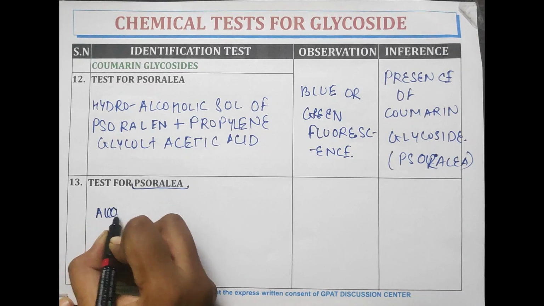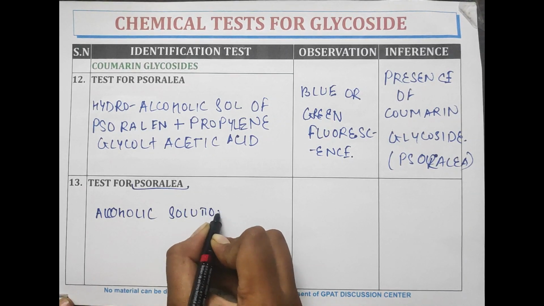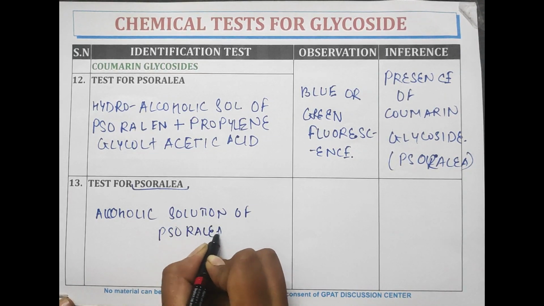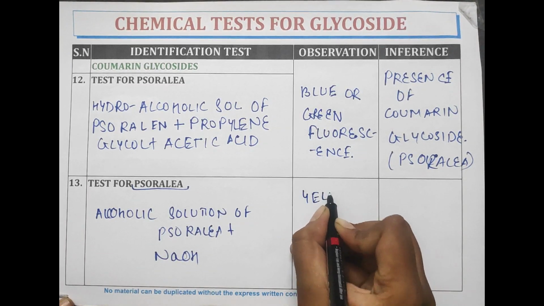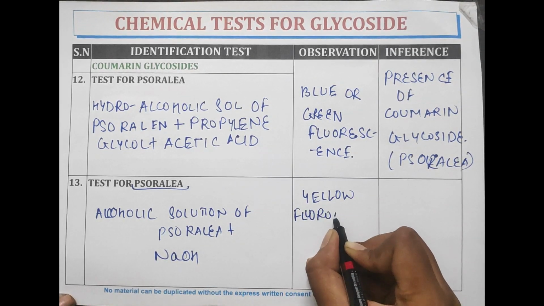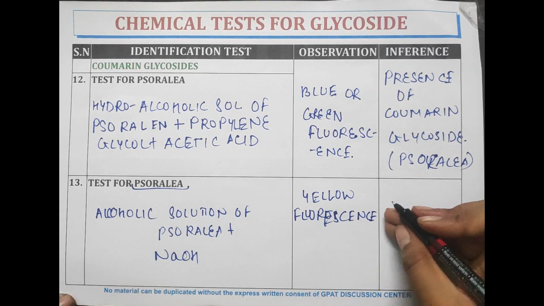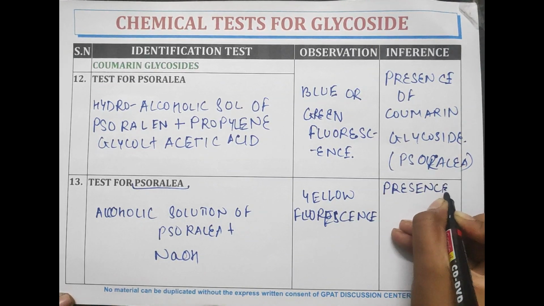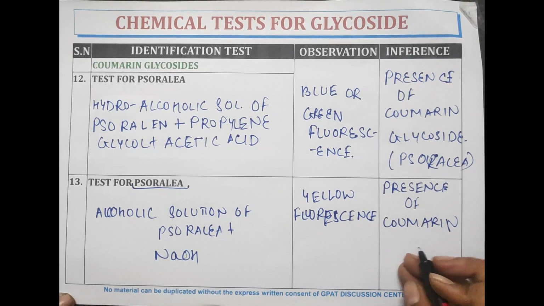In this test, the alcoholic solution of Sulleria is mixed with sodium hydroxide solution. A yellow fluorescence is seen, which indicates the presence of coumarin glycosides.